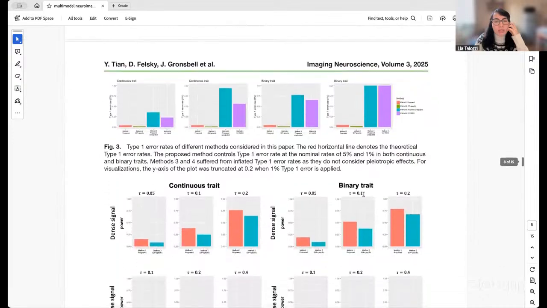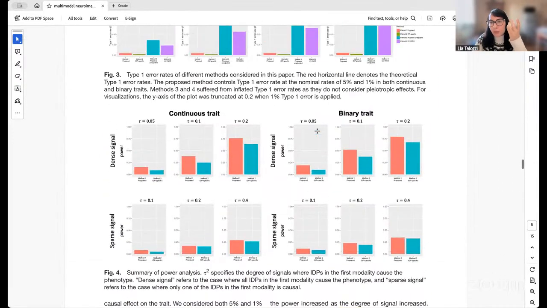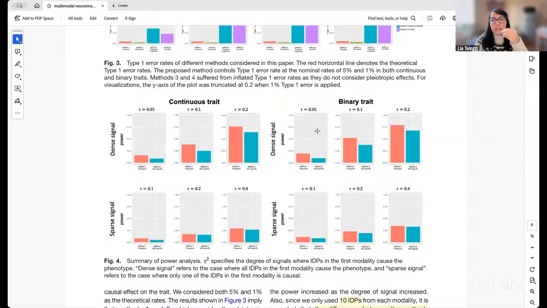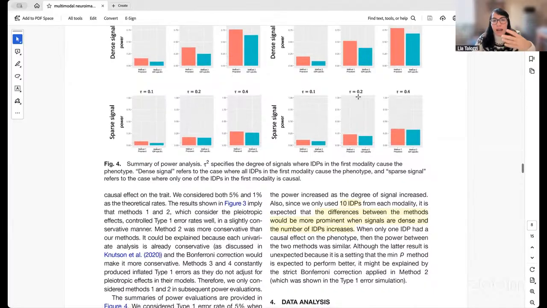And so yeah, here they do some simulations because basically what they want to avoid is this false positive rate, and to have a high signal.